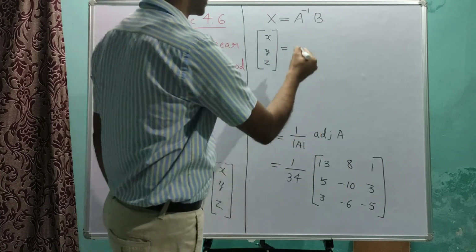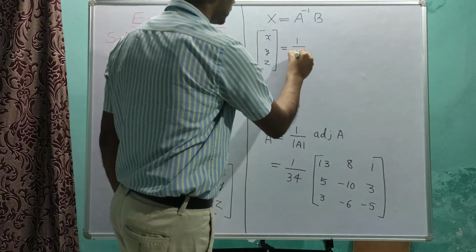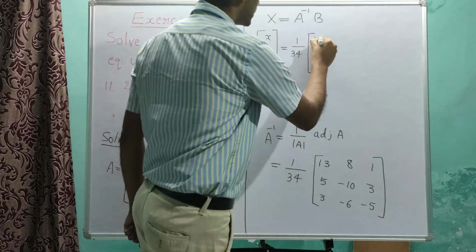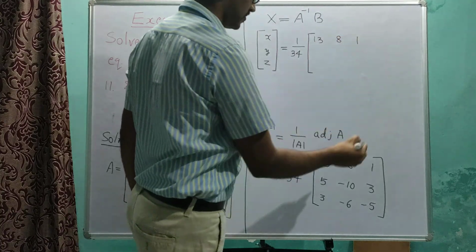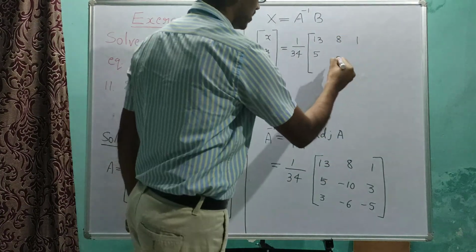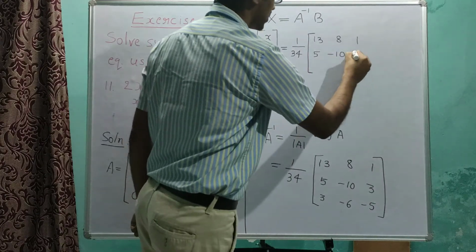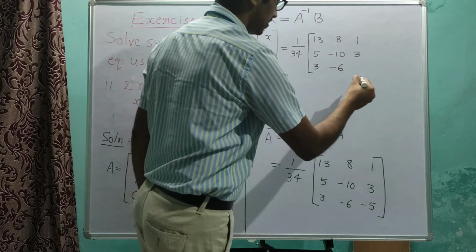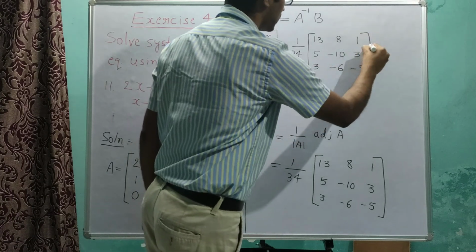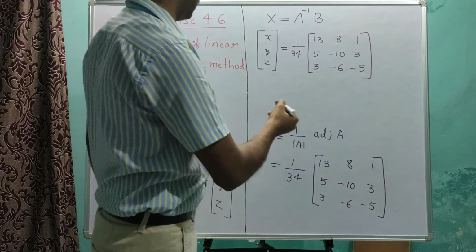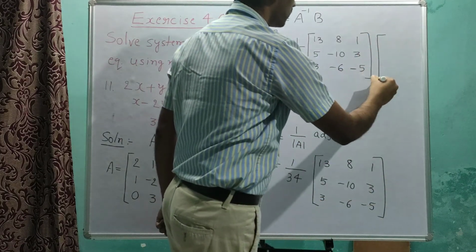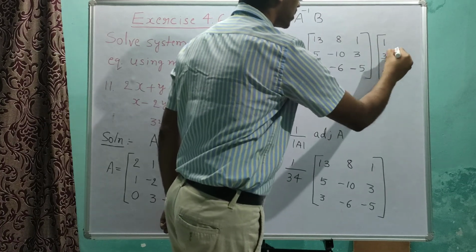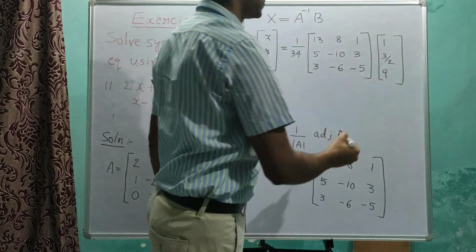We obtained the value of A inverse, that is 1 by 34 into the matrix 13, 8, 1, 5, minus 10, 3, 3, minus 6, minus 5, into B. B is the matrix again 1, 3 by 2, 9.